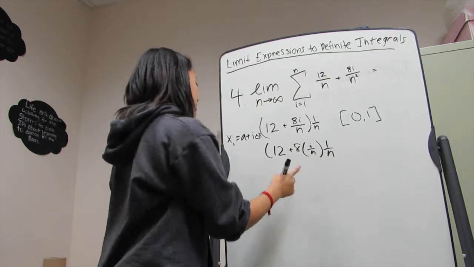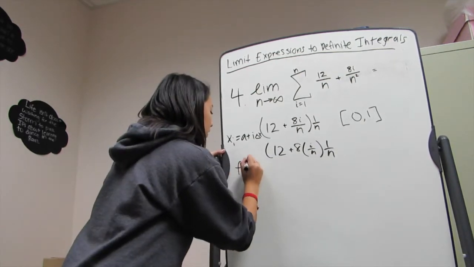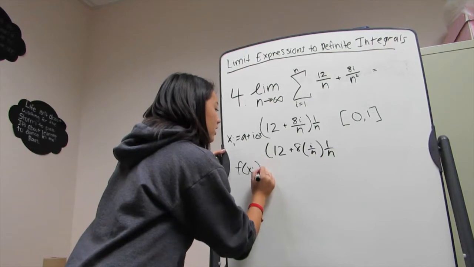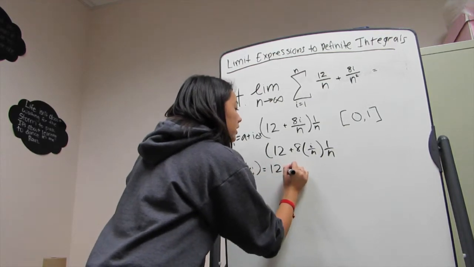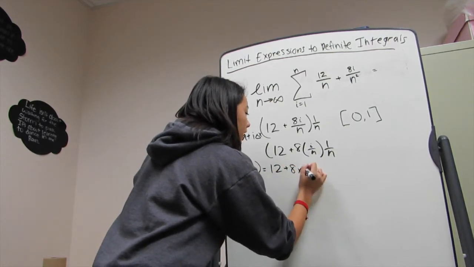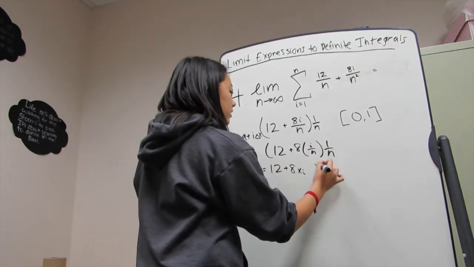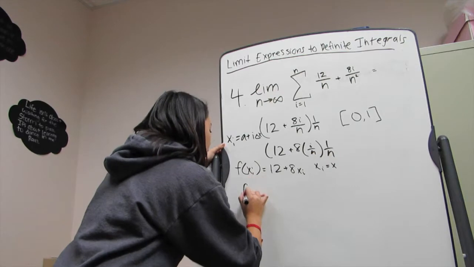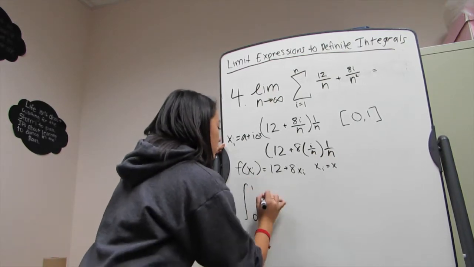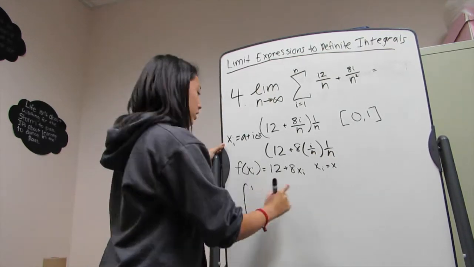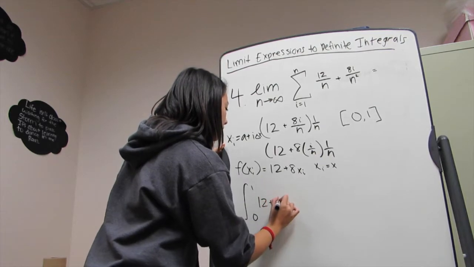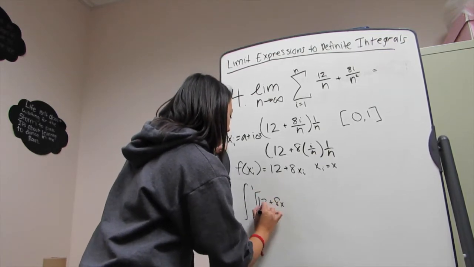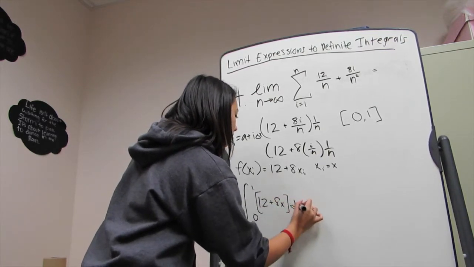So with this problem, we can say that f of x sub i is equal to 12 plus 8x sub i, and then x sub i is equal to x. So our final integral will be from 0 to 1 with our regular function 12 plus 8x, delta x.